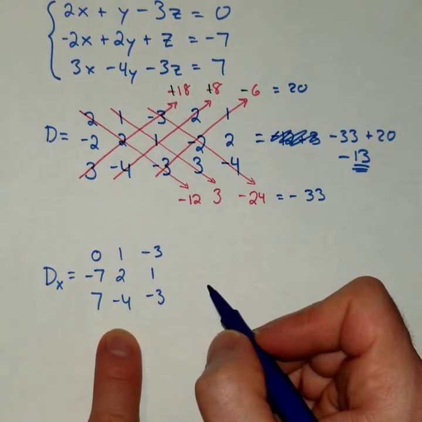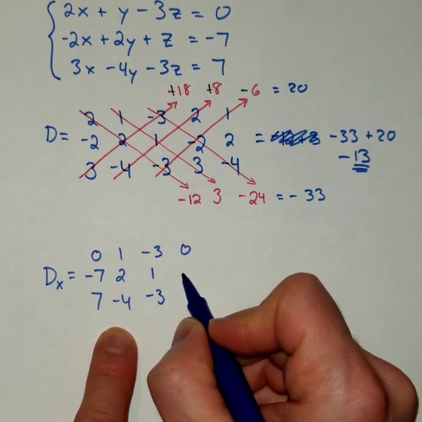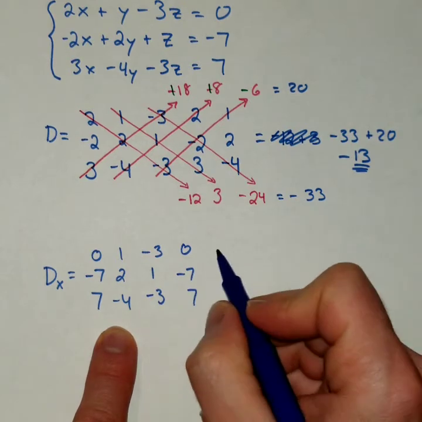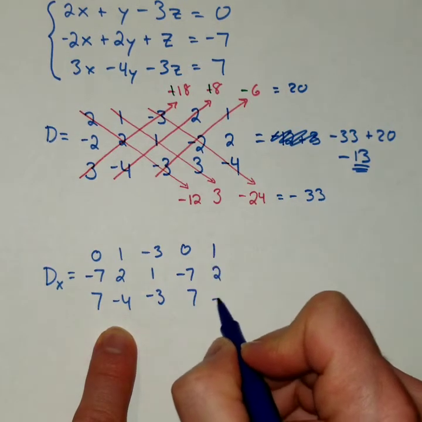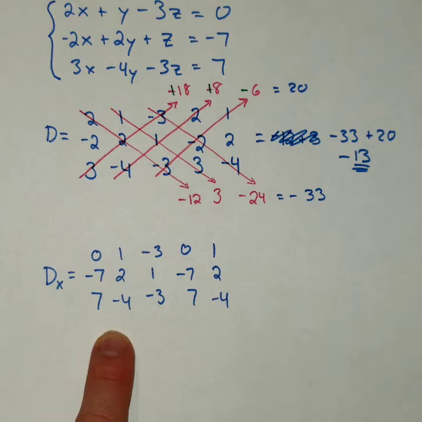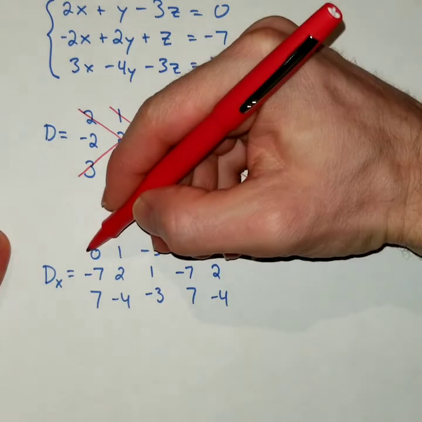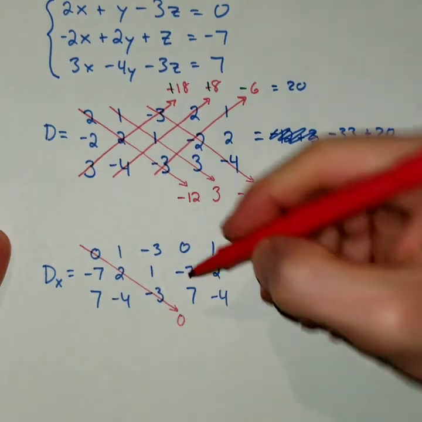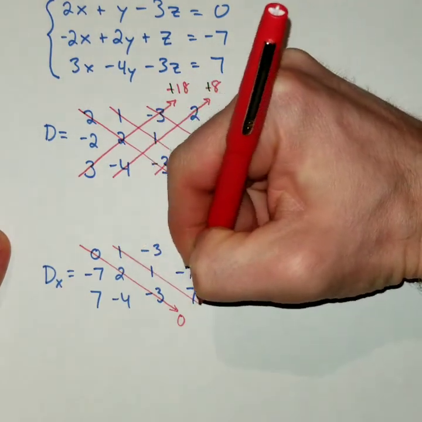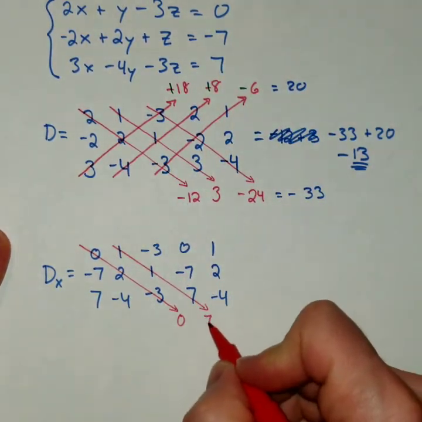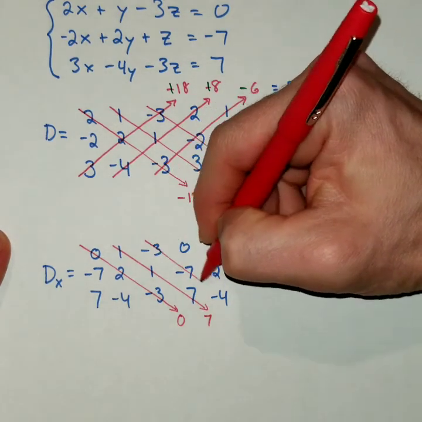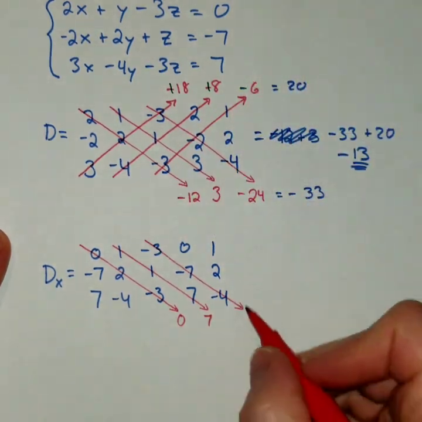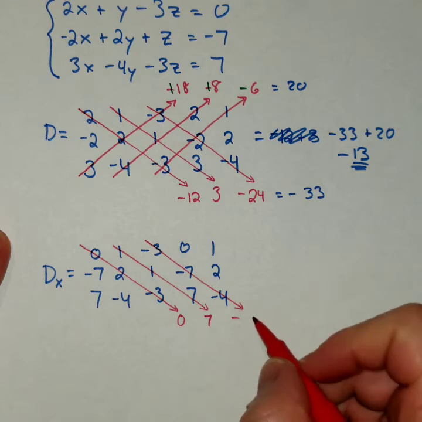And then again, repeat the first 2 columns. It's very important on these, I would say, to be careful to line everything up correctly and really be neat and organized. Otherwise, it gets to be very, very confusing.